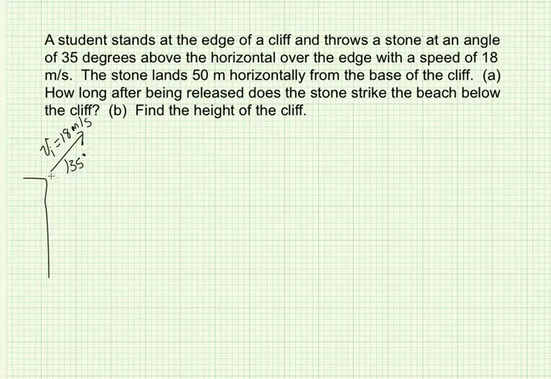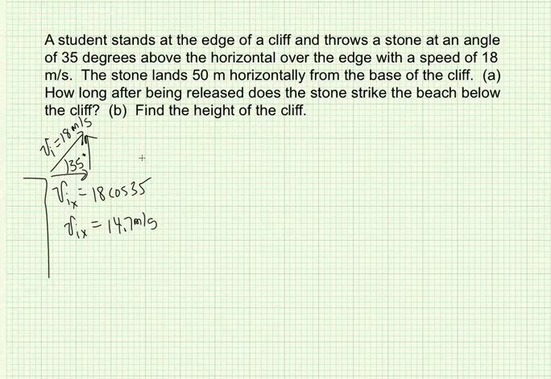That means I have a horizontal component of the velocity and I have a vertical component of the velocity. And you're going to absolutely have to break them into their components. Since my horizontal component is adjacent, that's going to make this 18 cosine of 35, meaning my initial velocity in the x direction equals 14.7 meters per second.